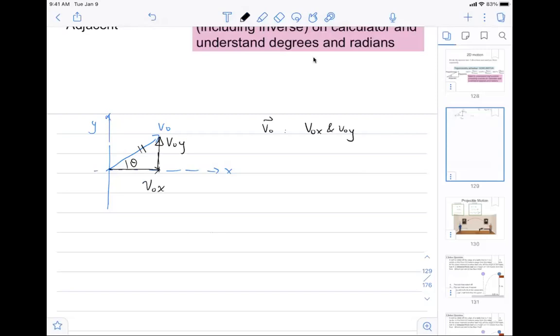Okay, so using SOHCAHTOA, how are v naught x and v naught y related to v naught? Can you guys tell me? V naught x is v naught times what? Sine or cosine?